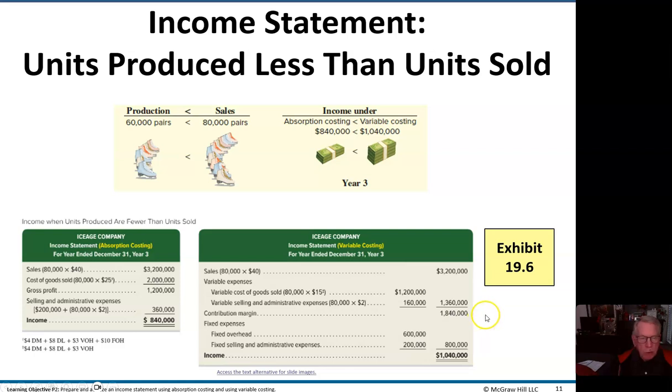So our contribution margin is $1,840,000, and our fixed expenses of $600,000 for fixed overhead and fixed selling and administrative expenses of $200,000, total of $800,000. That gives us an income of $1,040,000. Quite a bit of difference, $200,000 more.